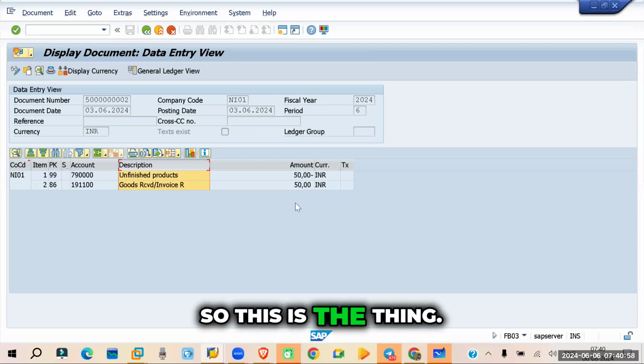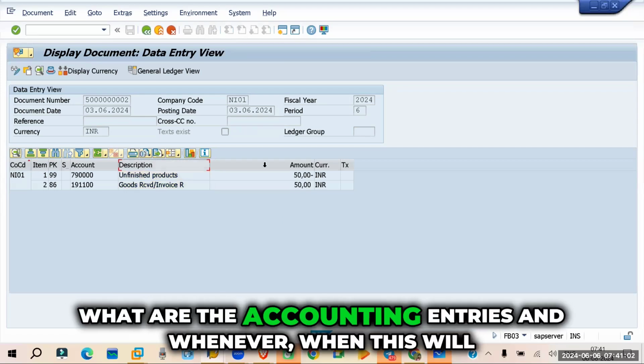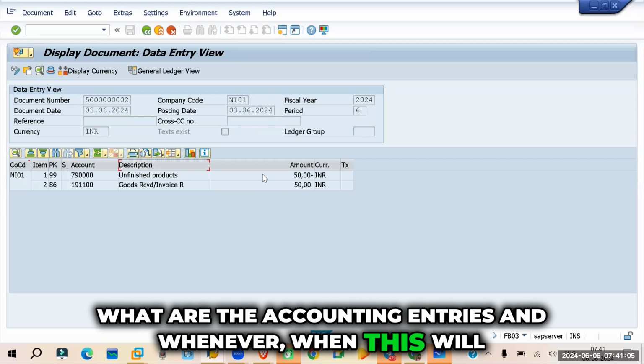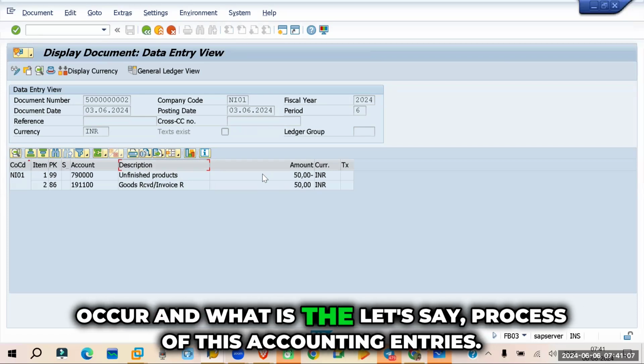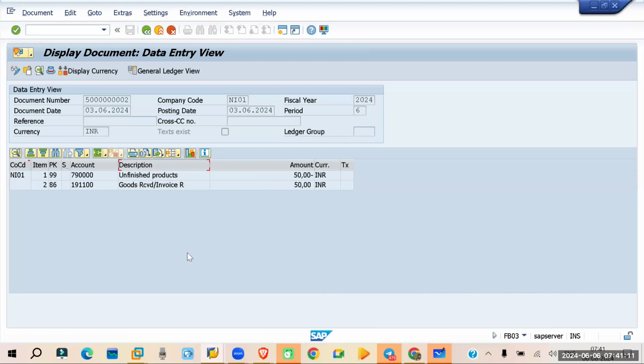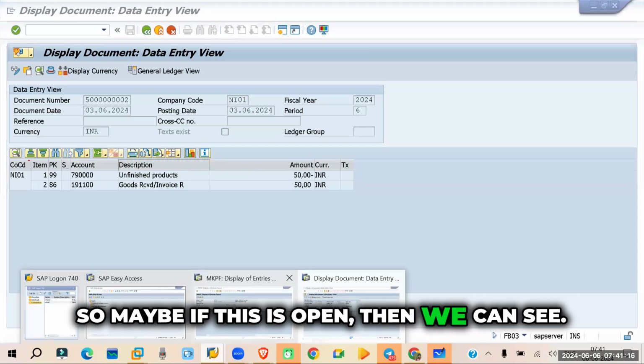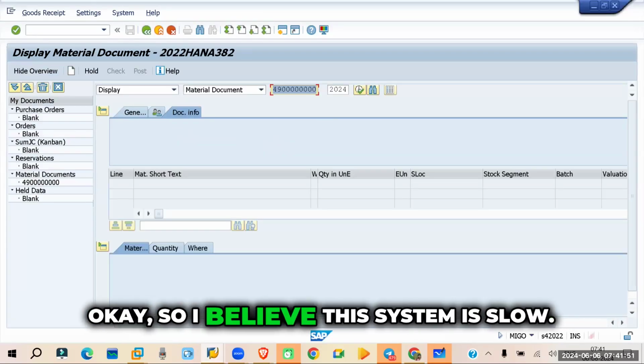So now we will understand what the accounting entries are, when they will occur, and the process of these accounting entries. Maybe if this is open, then we can see. I believe this system is slow.